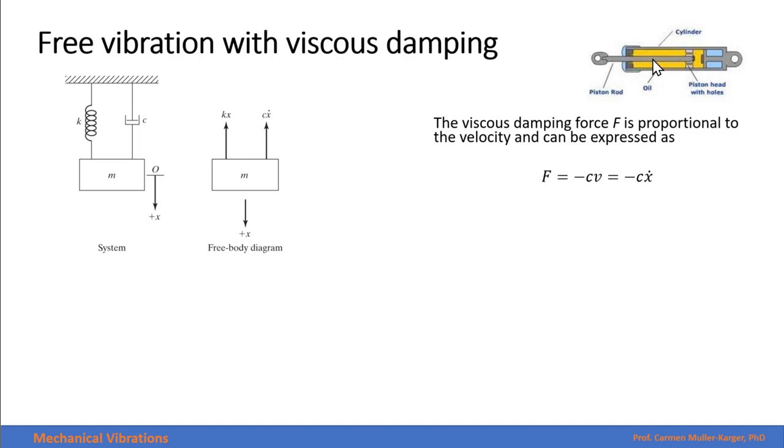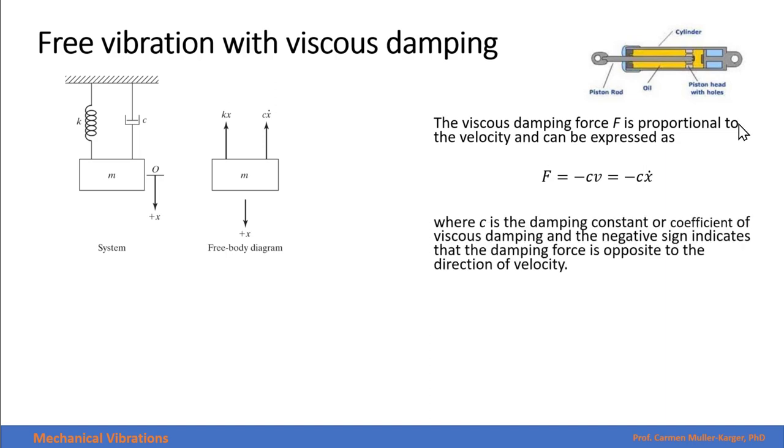That force will not depend on the position of the piston, but upon the velocity of the piston. c is the damping constant or coefficient of viscous damping, and the negative sign indicates that the damping force is always opposite to the direction of the velocity.